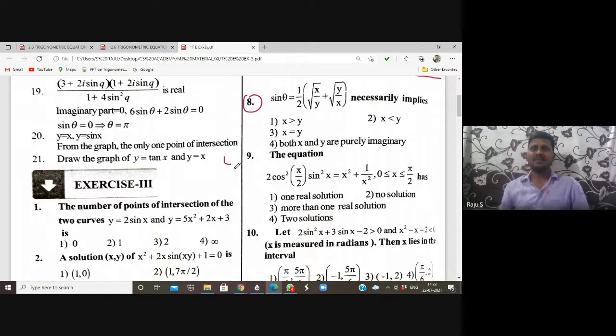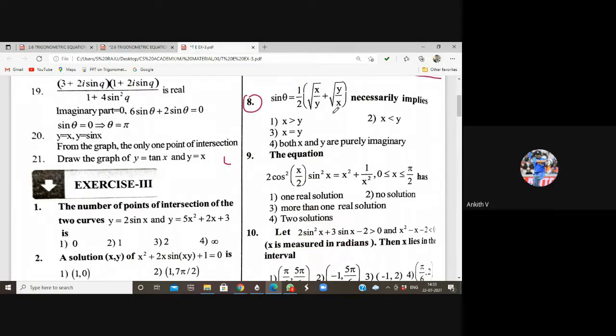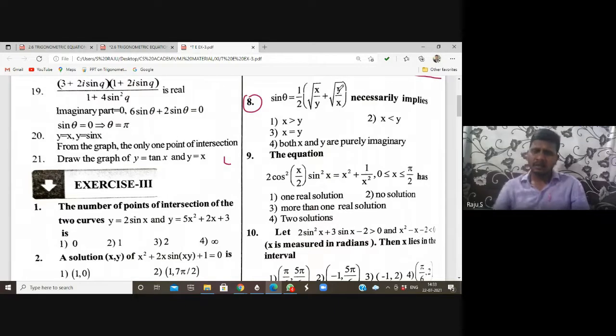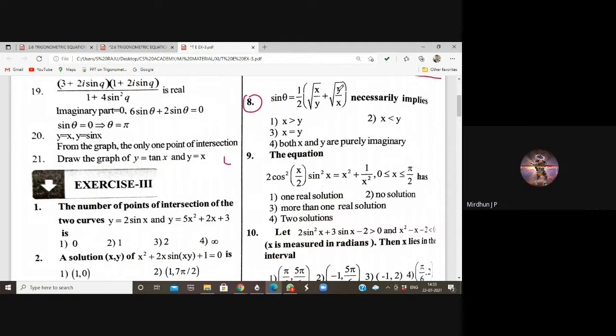So this kind of question, see, we can do very logically. Root x by y, y by option 3. Option D is what they given purely. No, sir, option 3, sir.